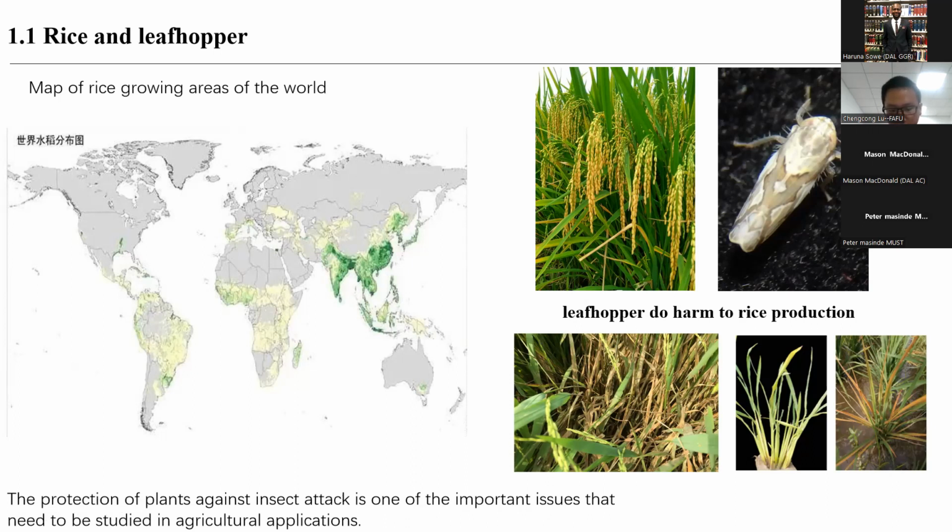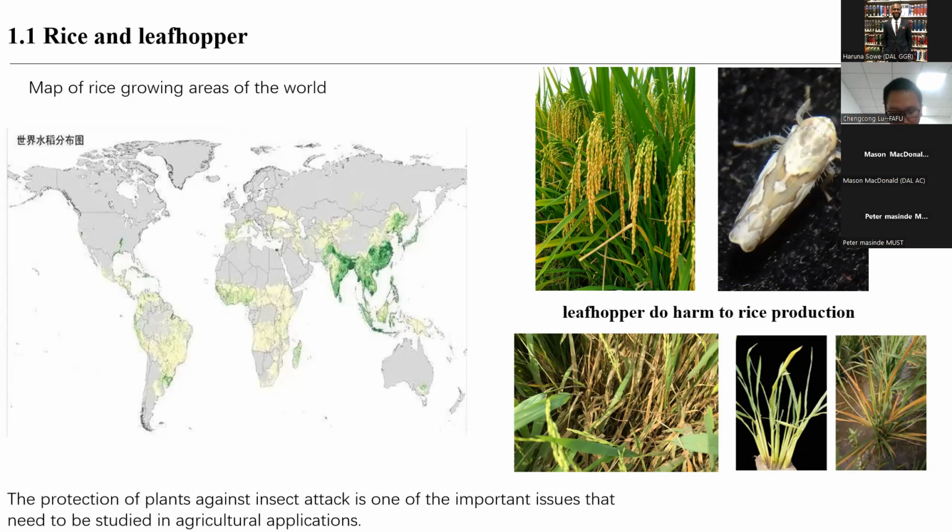The leafhopper not only feeds on the rice leaf and sheath, but also spreads rice diseases, like RDV and RLP. Once rice is infected with the disease, it is difficult to recover, and it can cause the serious consequence of almost no production of the whole field.